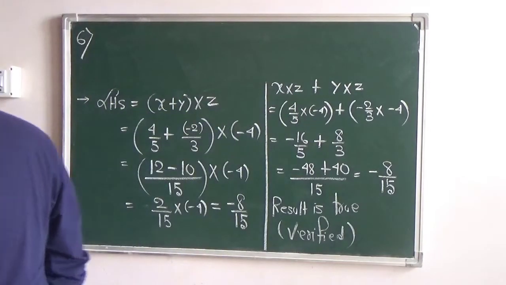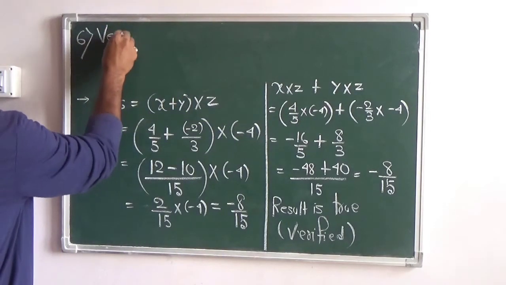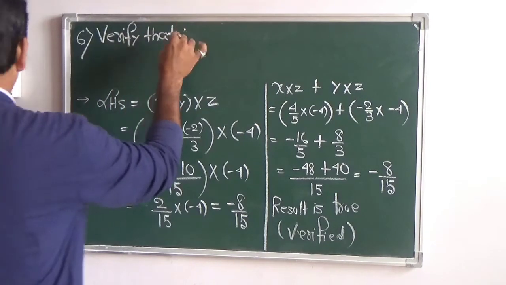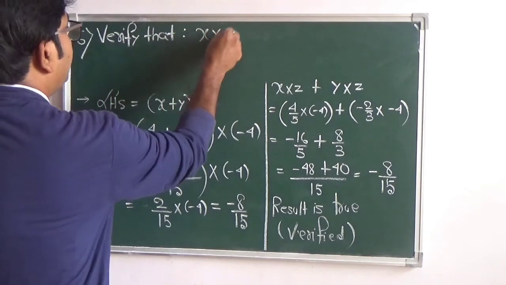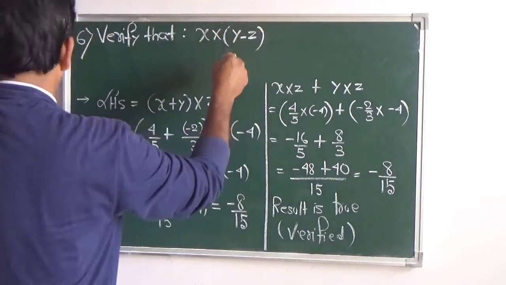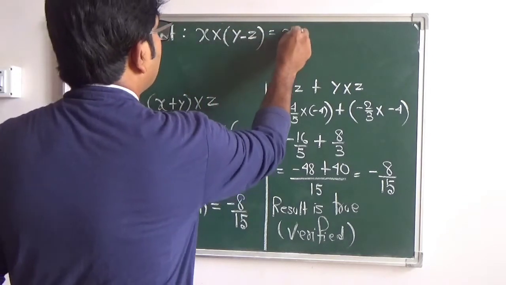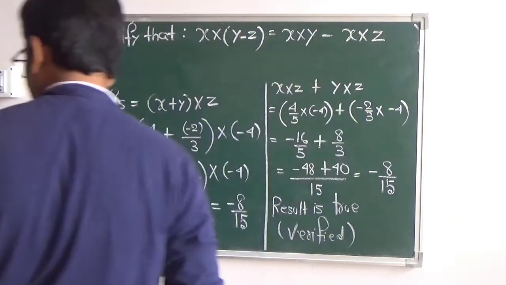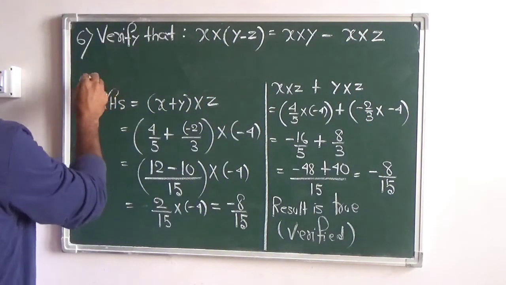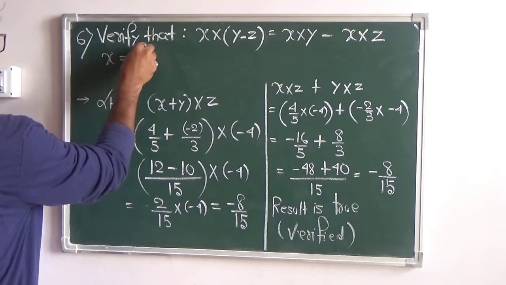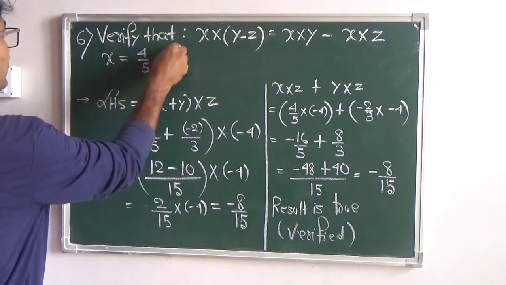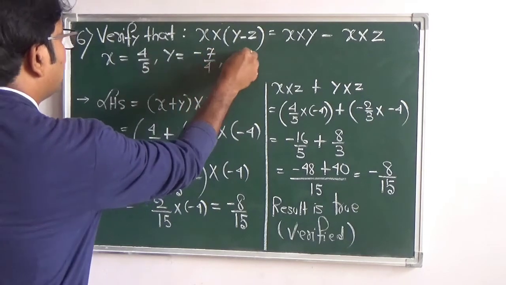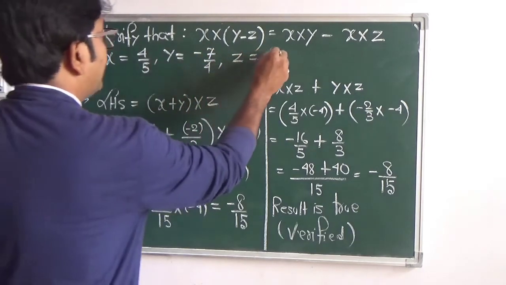Question number 6, again verify that x multiplied by y minus z is equal to x multiplied by y minus x multiplied by z, where the values are x equals 4 by 5, y equals minus 7 by 4, and z equals 3.